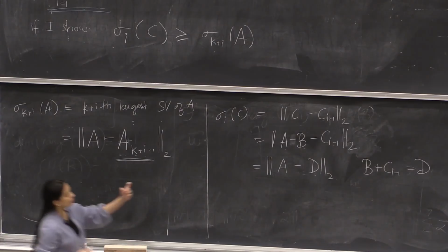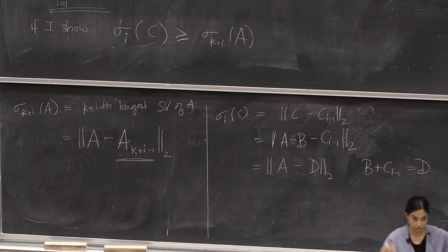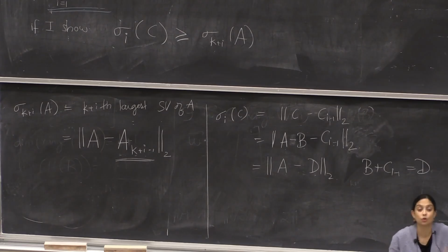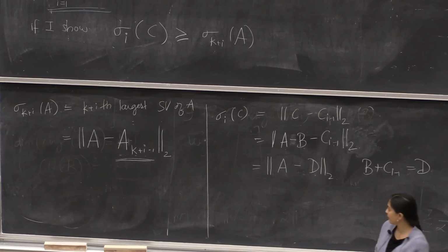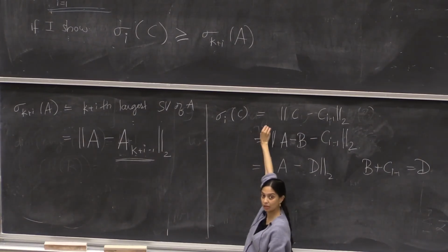So the spectral norm of C minus C_{i-1} is given by its largest singular value, which is sigma i. This is for some generic matrix A, but I'm applying it here to the matrix C.